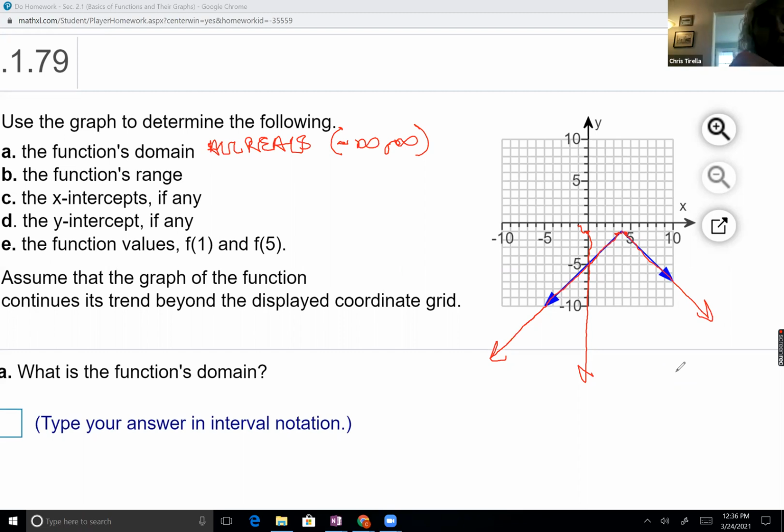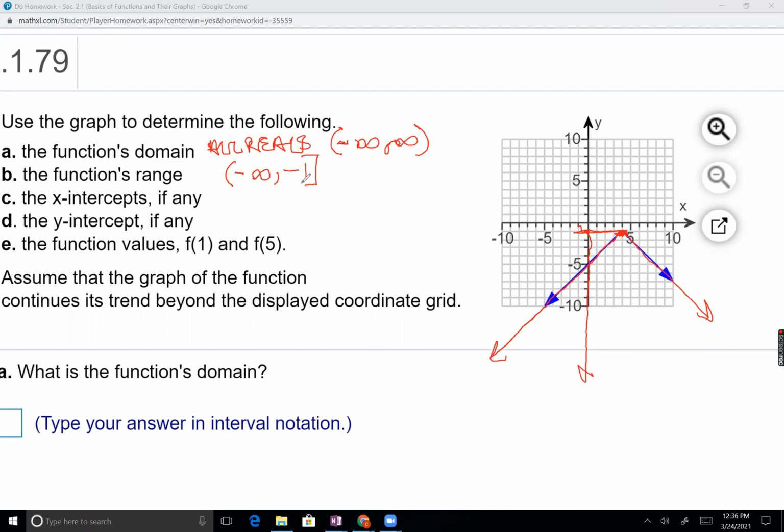So the interval will start at negative infinity. But now as I look at it, you see how it tops out, it has a highest value. And that highest value is -1. And so the range would be everything from negative infinity to -1.